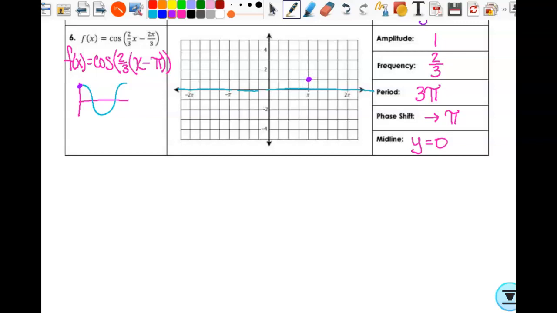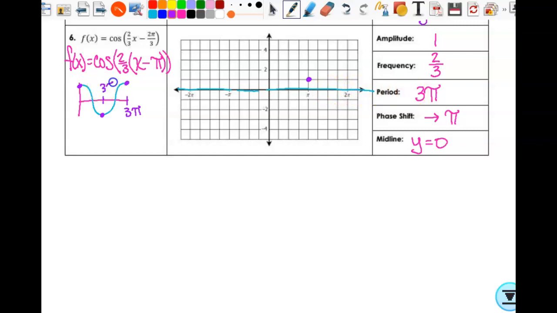Okay. The end of the period before I shift is 3 pi, and I'd have the same y value. So I'd be out here at 3 pi, which may not be a problem, except I go to the right even further. Like if my shift was to the left, I may end up back on my graph, but I go to the right even further, can't do that. Halfway between these two would be at 3 pi halves, but I go to the right pi and I'm off my graph again.